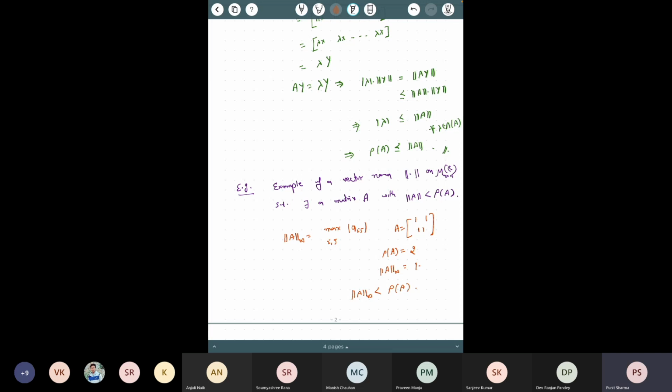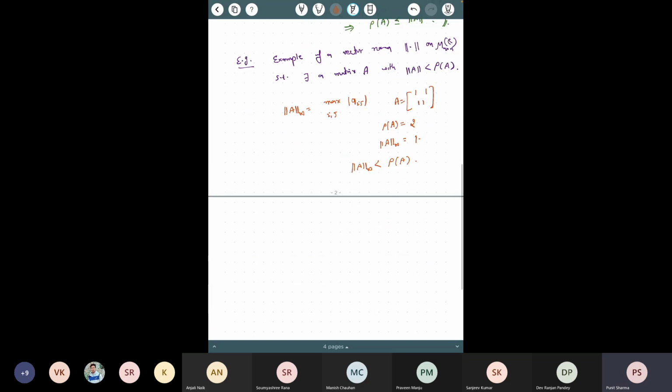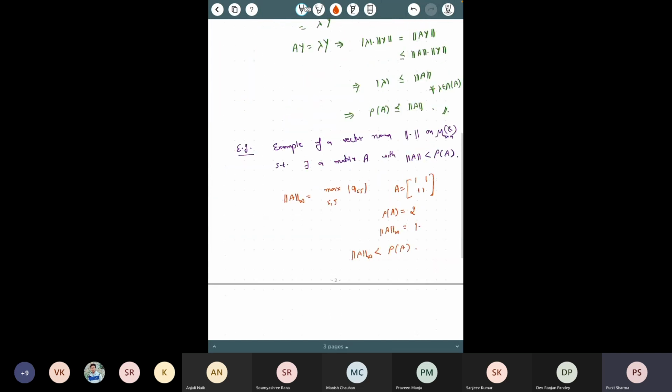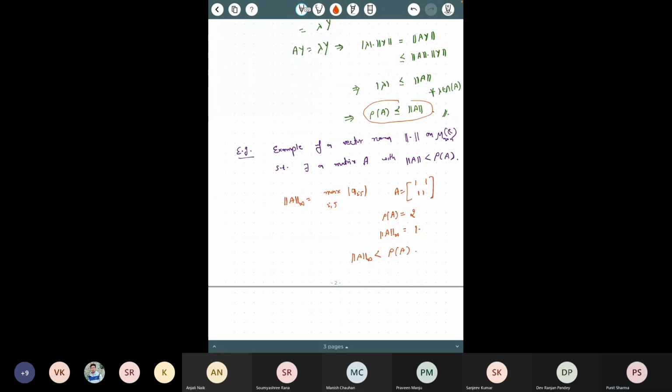So this result holds when the norm is a matrix norm. As I mentioned, the spectral radius is not a norm, but it is closely related to the norm. We have already seen that for a matrix norm, it always gives us a lower bound. But in fact, we can show that this lower bound is the greatest lower bound for such a set.